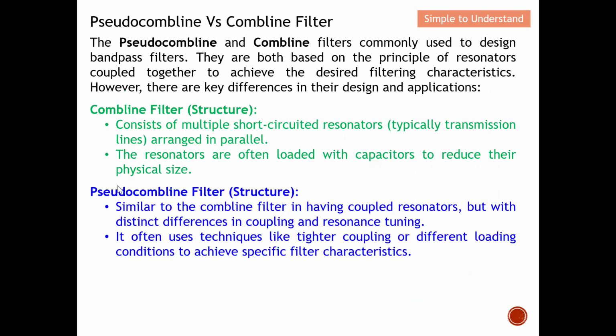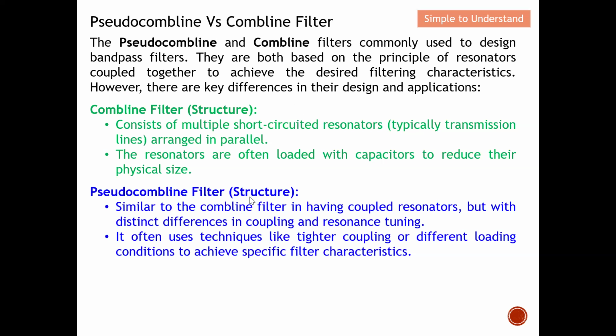Next, the pseudo-Combline filter is very similar to the Combline filter. As I showed you, the key difference is on the end of this pseudo-Combline filter, they are open circuit, as compared to the Combline filter, where they are all short circuit here.